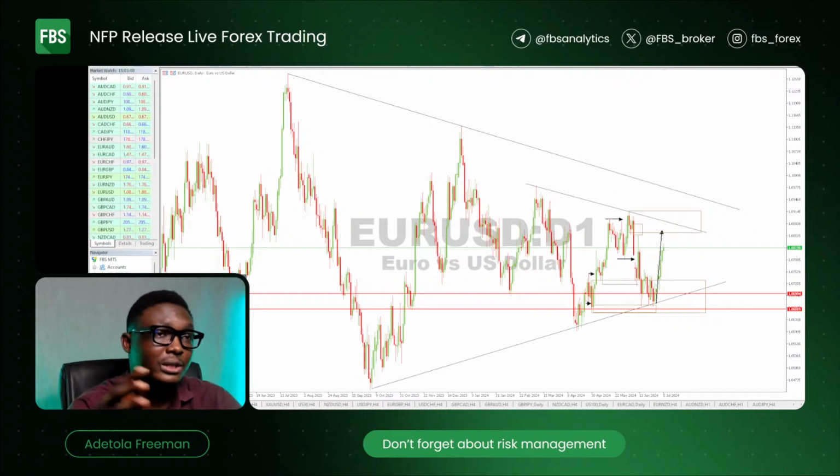It's a knife edge kind of scenario where you place a buy stop and a sell stop on the two sides of the market, and then you wait for a breakout of either of these two regions. I'm sure you're familiar with that already.